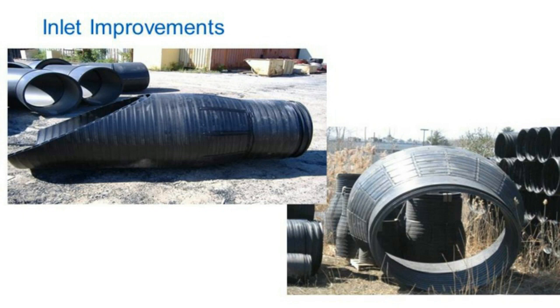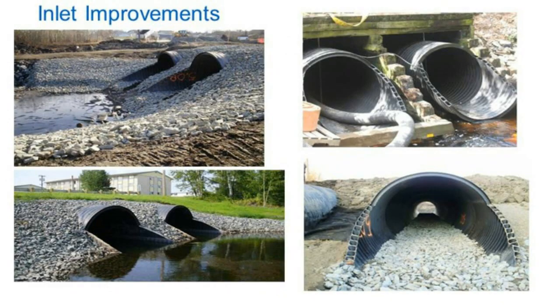Here are a few snapshots of inlet improvements: extending the host culvert out, cutting sections of the pipe down on slopes, and placing riprap around that area is going to help get that water into the culvert with less restriction.